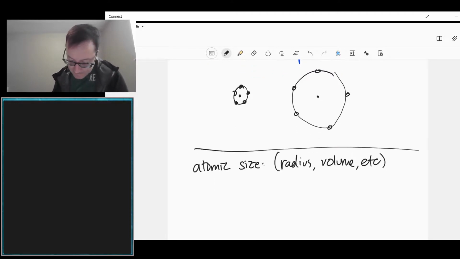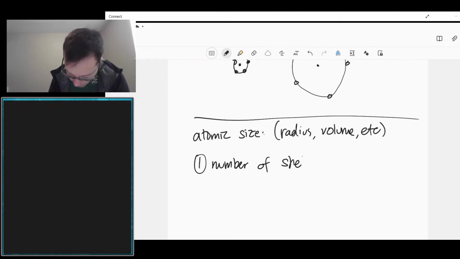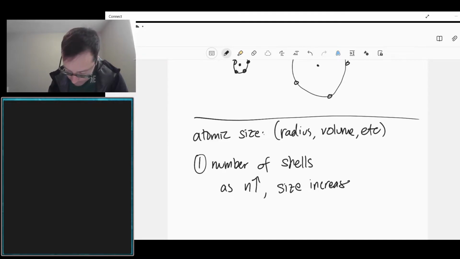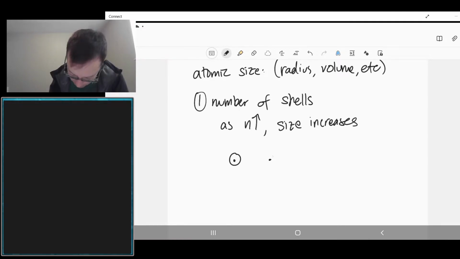And so we're going to see that the first consideration we're going to look at is the number of shells. As n increases, size increases. And hopefully that makes sense. Here's our Bohr model.